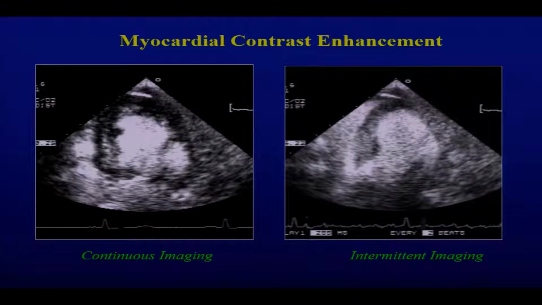So here you go. For me to be able to see it, I could do intermittent imaging. Intermittent, I know you don't do that. You could see how dark the myocardium here is compared to contrast within the myocardium. So I destroy it and replenish it.